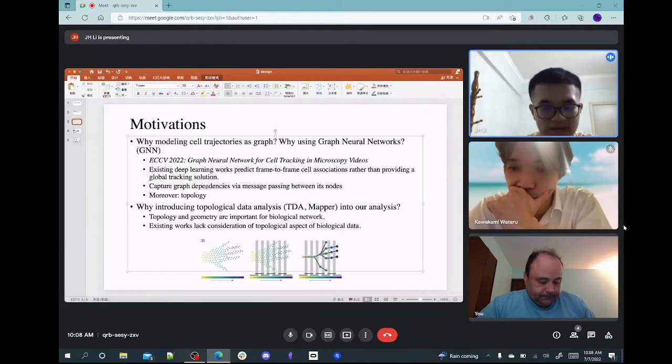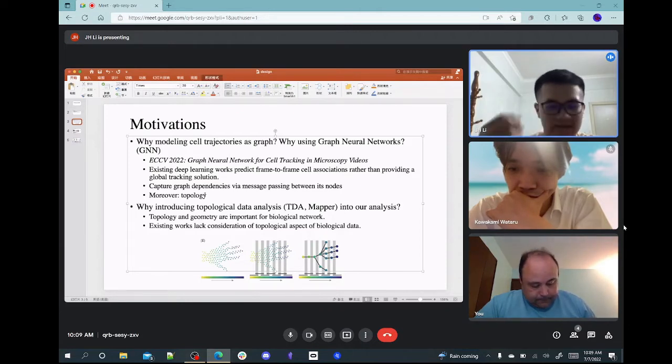As for graph neural networks, they have a better capability to capture graph dependencies via message passing between their nodes. And there's another motivation which has not been demonstrated by this paper, which is the topological aspects of a graph.